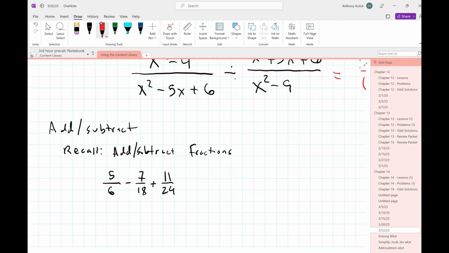The least common multiple. Great. So you want the least common multiple of 6, 18, and 24. The easiest way to find that is to look at their prime factorizations.